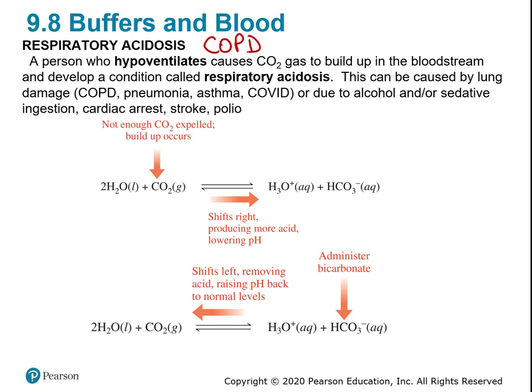COPD stands for chronic obstructive pulmonary disease. When you think of something that's chronic, what does that mean? Chronic versus acute. Long term, right? Something that's chronic, you have over and over and over.